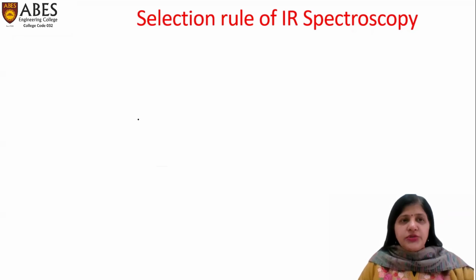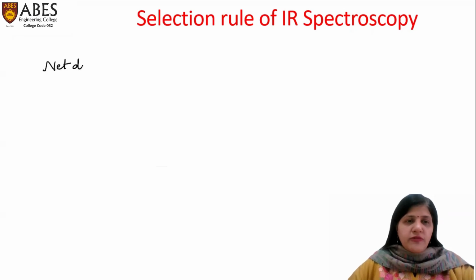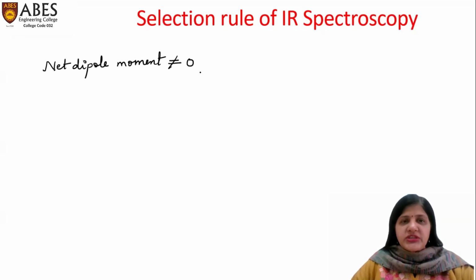So what is the selection rule for IR spectroscopy? The basic selection rule is that the net dipole moment of any molecule during vibration should be non-zero. If the net dipole moment for a particular molecule during any vibration is non-zero, then this molecule is said to be an IR active molecule or IR active compound.